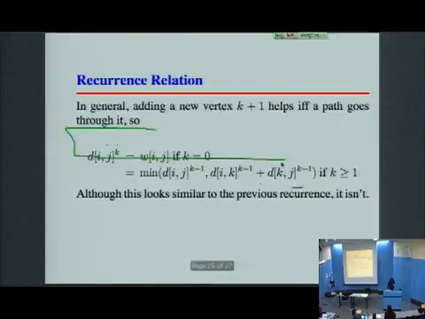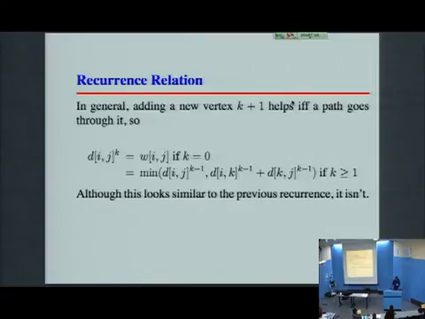Now, let's look at this recurrence relation and see if this makes sense. I claim that in general, the distance from i to j using vertices 1 through k as intermediaries is either going to go through vertex k or it is not going to go through vertex k. Does this make sense? Let's look at the two possibilities. The shortest path from vertex i to j either will go through vertex k or it won't.